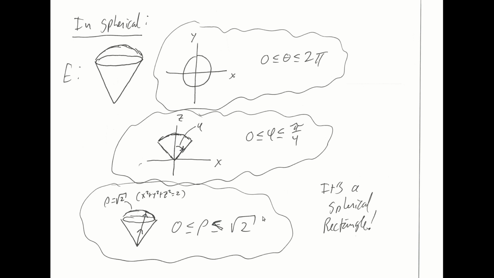So going from the origin out to the sphere, which forms our ice cream top, is taking rho from 0 to root 2 for all values of theta and for all values of phi. That's what we want. So this is now how you describe the region. These are the bounds for all three of the variables. And this region is a rectangular box in spherical coordinates. We've got constant bounds for each of our three variables, which makes it a rectangular box in spherical coordinates.